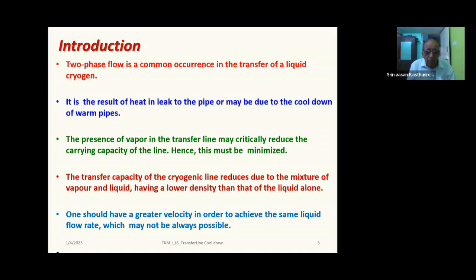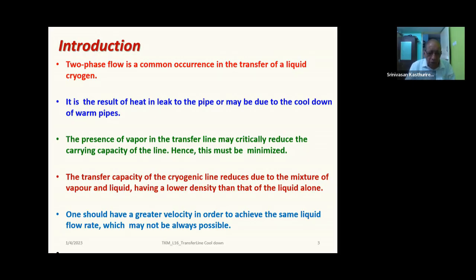So the presence of vapor in the transfer line critically affects the carrying capacity of the line. So what you should do is minimize the heat transfer that is coming into the line so that you will have maximum quantity of liquid that comes out. Okay.